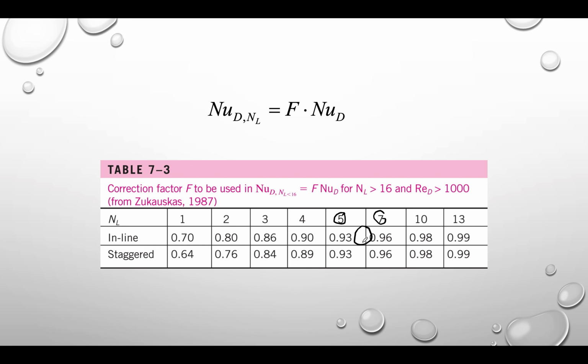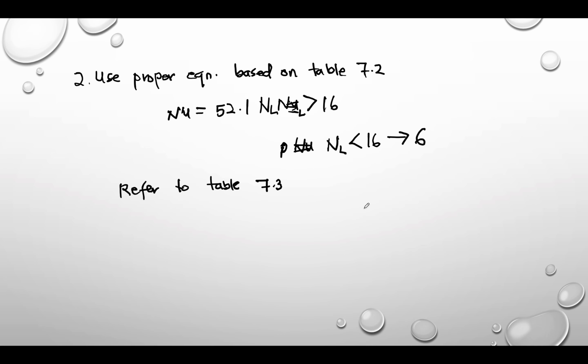What you need to do is interpolate in order to get the value for 6 rows. When you interpolate, you will get your correction factor equal to 0.946.